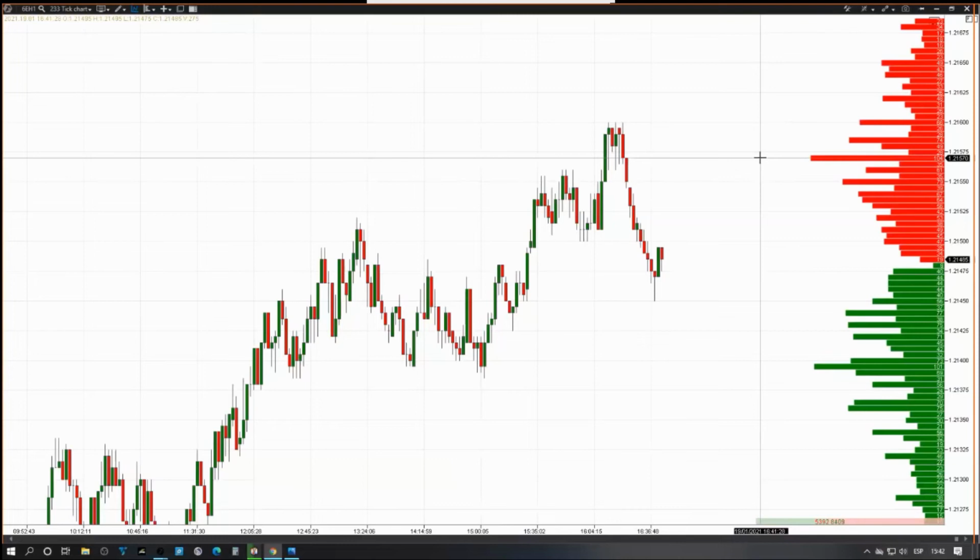But if the entry that you are looking at also has pending orders, it means that somebody else with money is looking at it, and that confirms whatever you're doing.